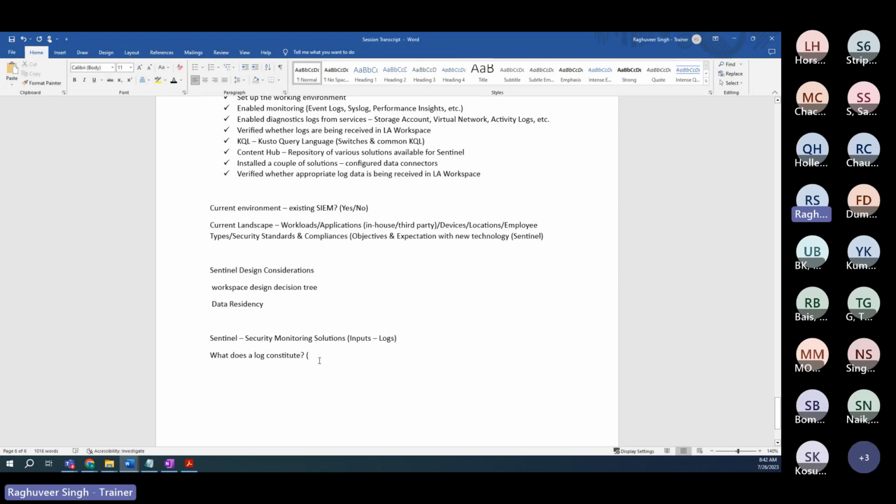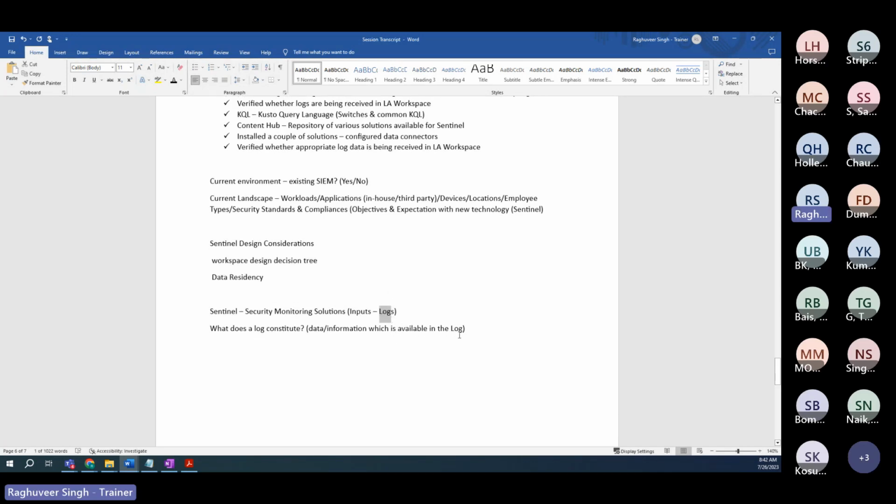What is the data or information which is available in the log, and why are we trying to break this log into segments? Because it's a security solution, and various geographies have local compliances.